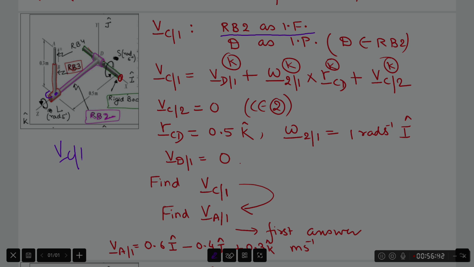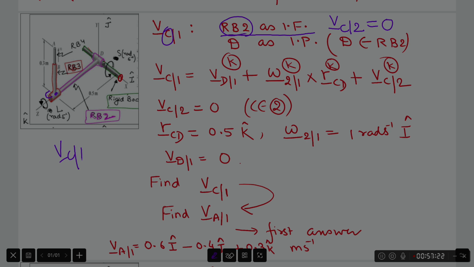Why do I say RB2 as IF? I am following the same guideline that I mentioned earlier. You should choose IF to be that reference frame or that body from where the motion of the point of interest is either known or it is geometrically very simple. In this case, you can see that if you choose RB2 as your IF, VC2 is actually 0. Indeed, it is known. And that is why I would choose RB2 as IF.